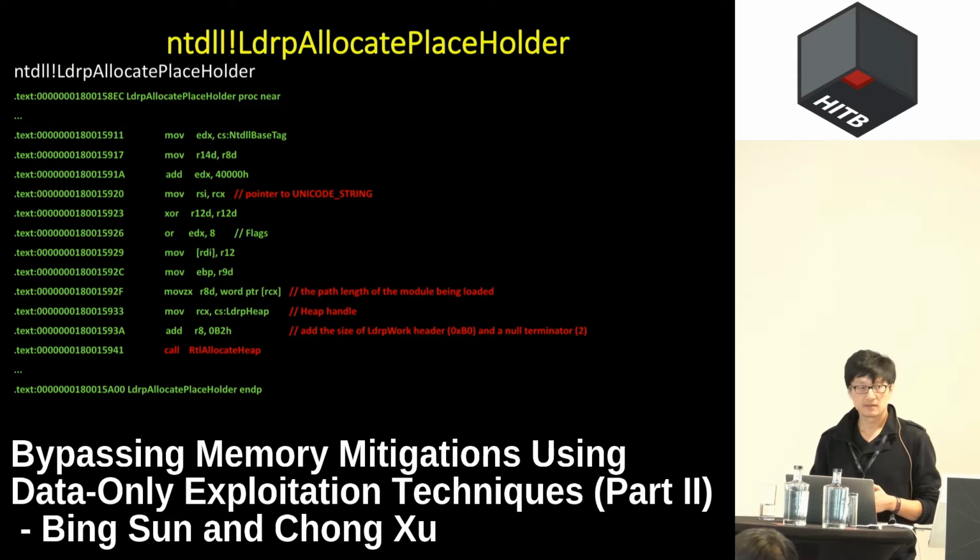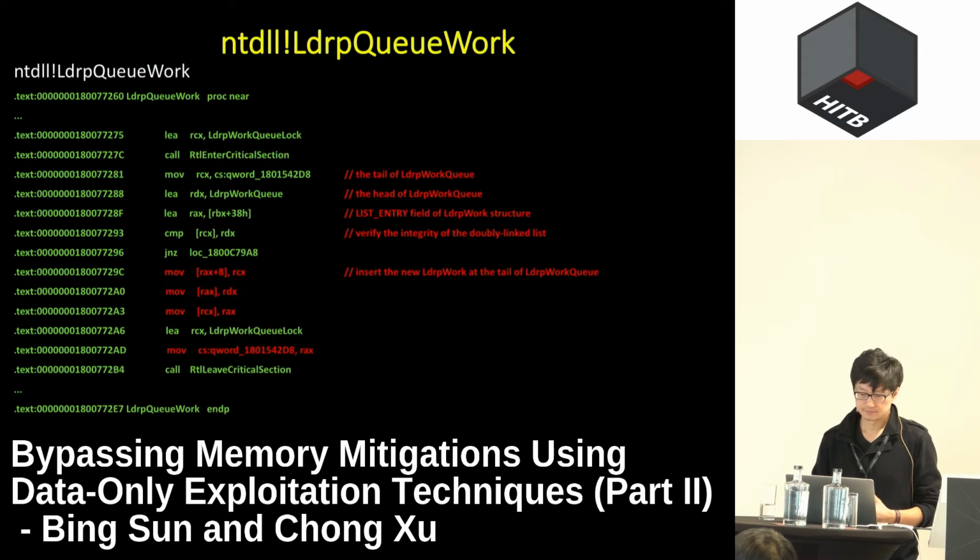This function allocates a new work from the loader's private heap. LdrpQueueWork. This function inserts a new work at the tail of the doubly linked list. And both the head and the tail of this list are global variables of ntdll, so you can easily locate this doubly linked list.